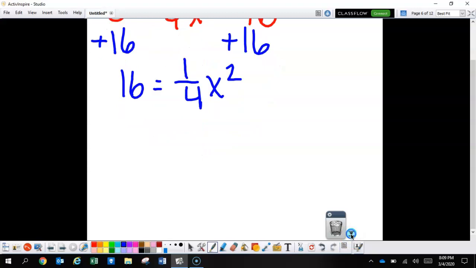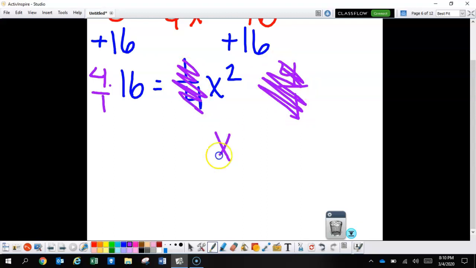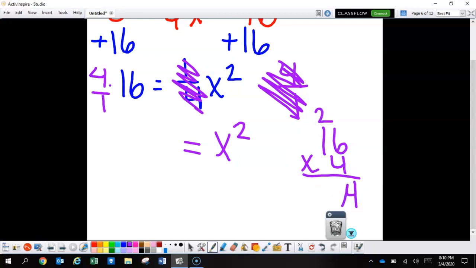So again, to undo a fraction, you multiply by the reciprocal. So here, my reciprocal would be 4 over 1, or just 4. So that cancels out the fractions here, so I'm left with x squared. And then 16 times 4 is 64.